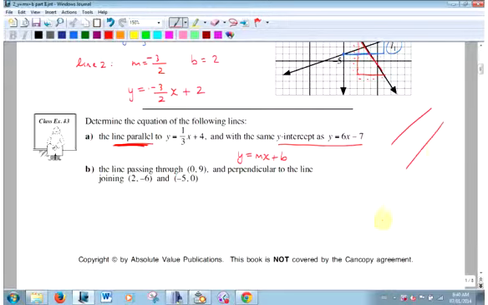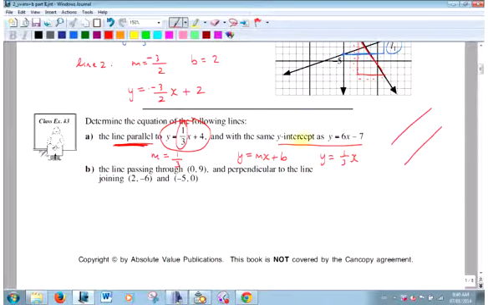Two parallel lines that look somewhat parallel have the same slope. Okay? So if it's parallel to this line has a slope of 1/3. So my line has to have the same slope, a slope of 1/3. Okay? So I got y is 1/3 x.